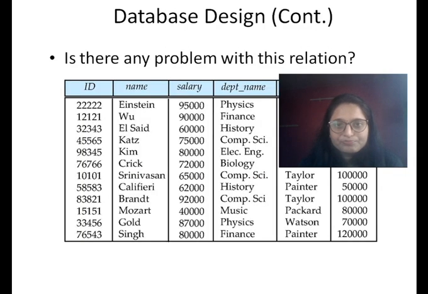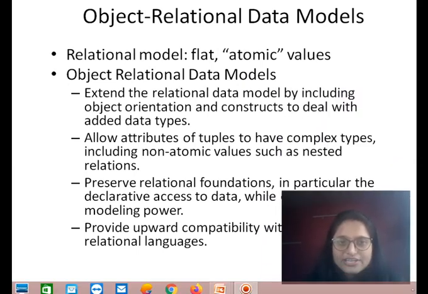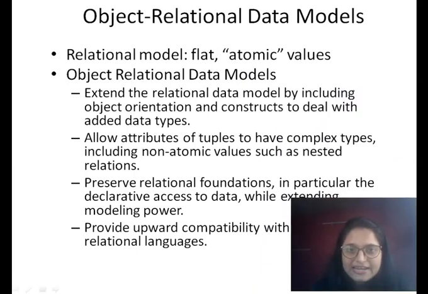So next, your object relational data model. The relational model has flat atomic values, but the object relational model extends the relational data model by including object orientation and constructs to deal with added data types. It allows the attributes of a tuple to have complex types, including non-atomic values such as nested relations.